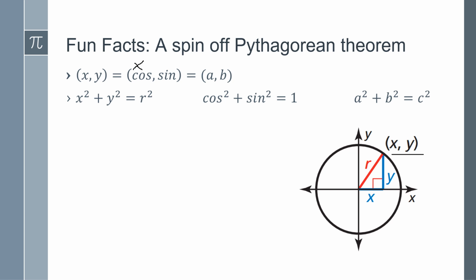It is also going to equal a and b. So x squared plus y squared equals r squared is the same as cosine squared plus sine squared equals 1. It's the same thing as a squared plus b squared equals c squared. So these are the exact same as each other.